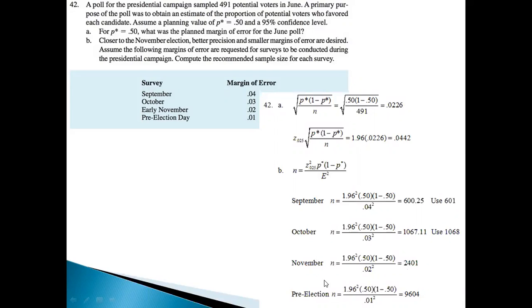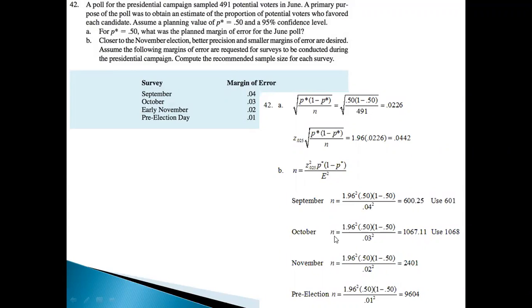So you can tell really that margin of error tells us how many people we really need to sample. So if we're really not too worried about it, we can sample 601 and get within 0.04. But if we want a really low margin of error, then we have to sample a huge number, 9,604.